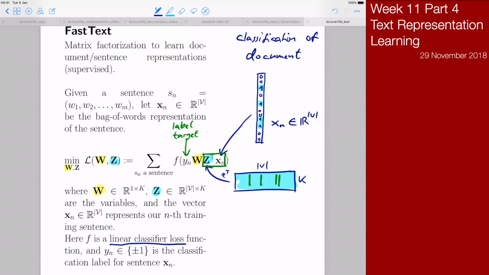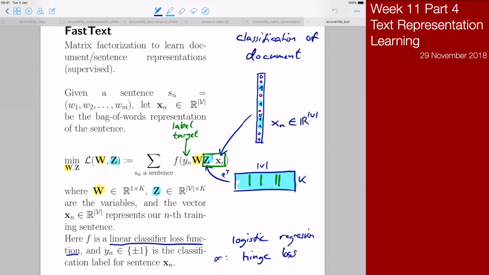So F is the linear classifier loss function, like in logistic regression. Or you could try hinge loss, like in support vector machines. I don't know if that has been tried actually. Somebody should try this. But the formulation they propose is with logistic loss. We sum this over all sentences, and now we just find the best W and Z.